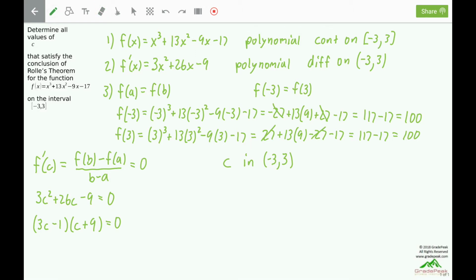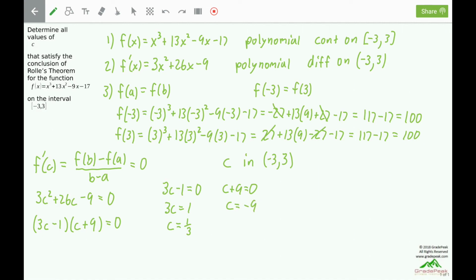Now that it's fully factored, each factor can equal 0, so 3c minus 1 equals 0, and c plus 9 equals 0. Solving the first one, add 1 to both sides, divide both sides by 3. Solving the second one, subtract 9 from both sides.